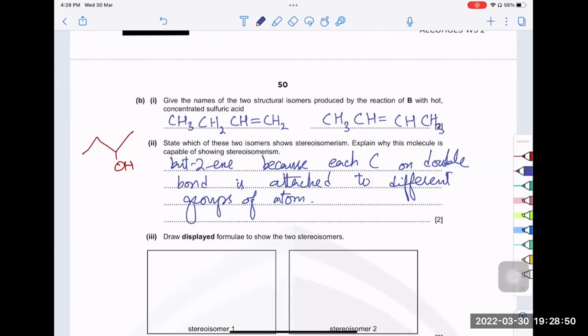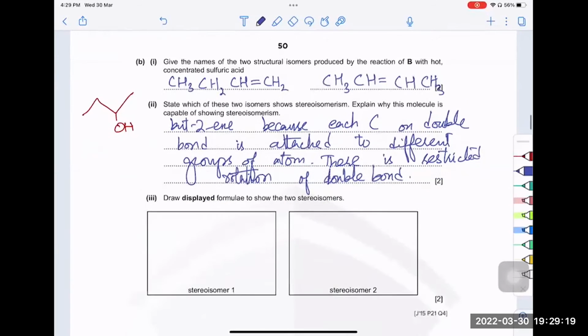So the reason it's capable of showing this is, don't assume that the examiner knows about restricted rotation. Talk about it, okay? So there is restricted rotation of the double bond, or the double bond has restricted rotation, something like that.